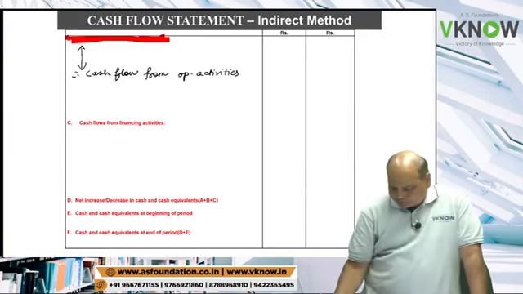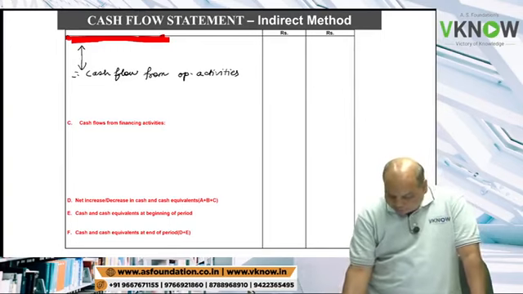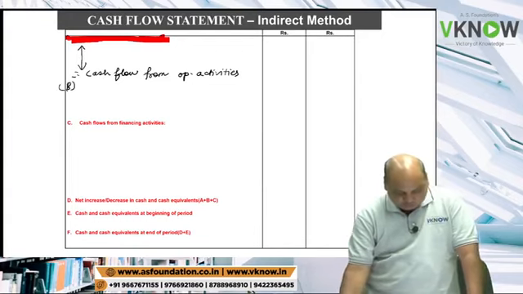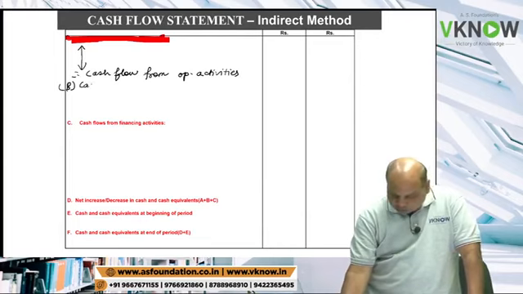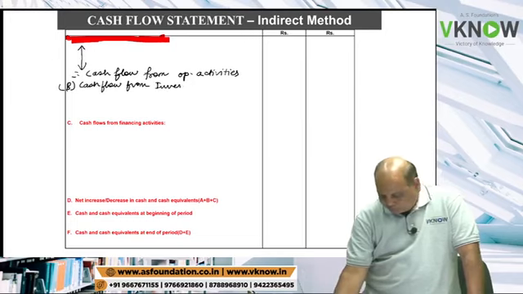Therefore, cash flow from operating activities. And point number B, cash flow from investing activities.